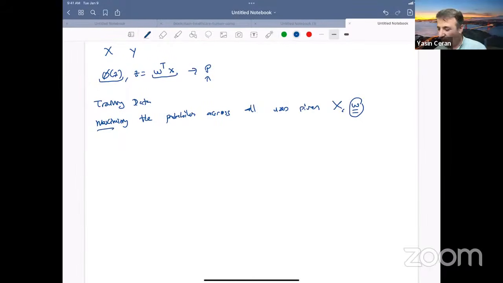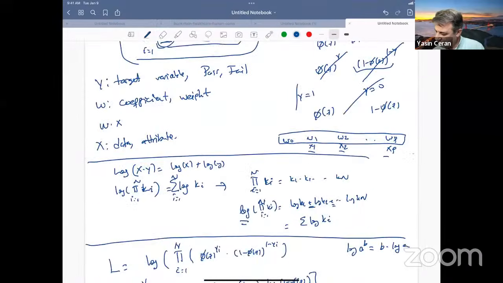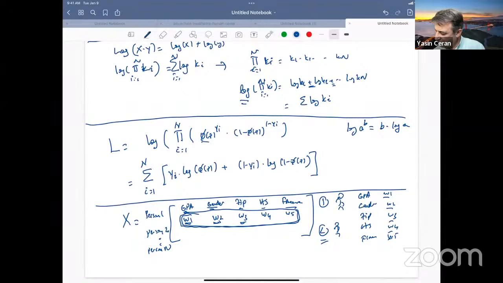That is why I came up with this equation. I'm multiplying probabilities for each individual, n number of probabilities. I'm multiplying them to make a collective decision for everybody. That's why Ws will be the same for everybody.